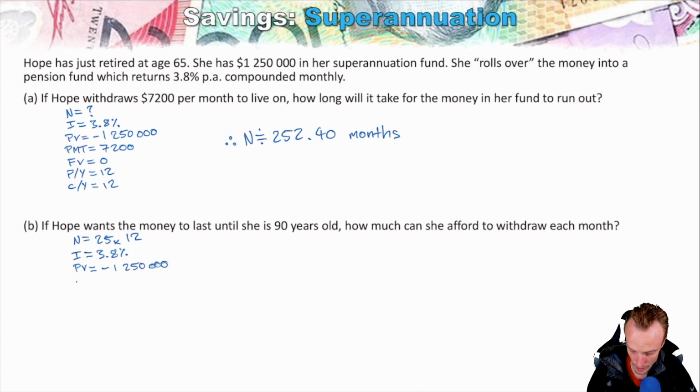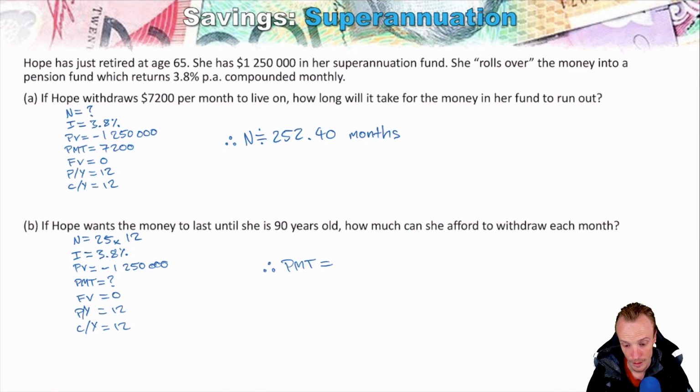The PMT though is what we're after now, and the future value, we're running it dry again. So the PY is still 12 and the CY is still 12. Now we're looking at PMT, with N as 25 by 12. Yeah, that's the only thing that changed.